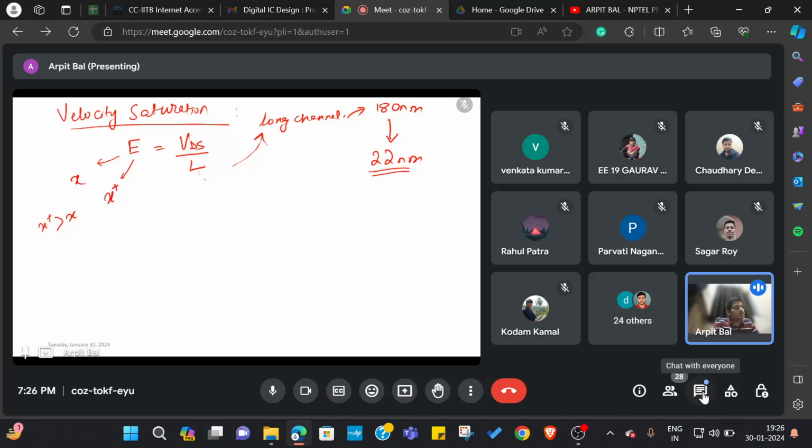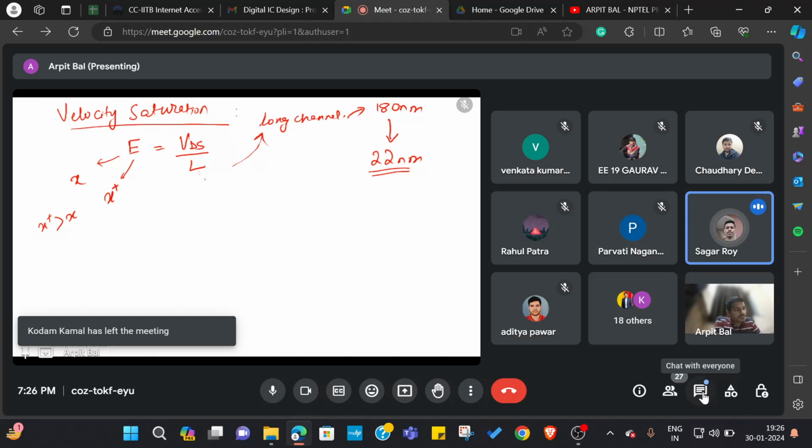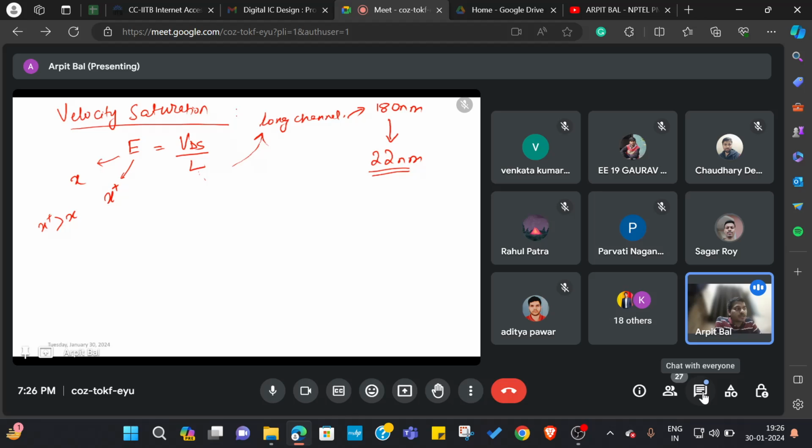So with reducing the technology node, we also need to reduce the supply voltage. Is this electric field from gate to body side? From source to drain. Okay, so because of this reason, we need to scale the VDD with technology.